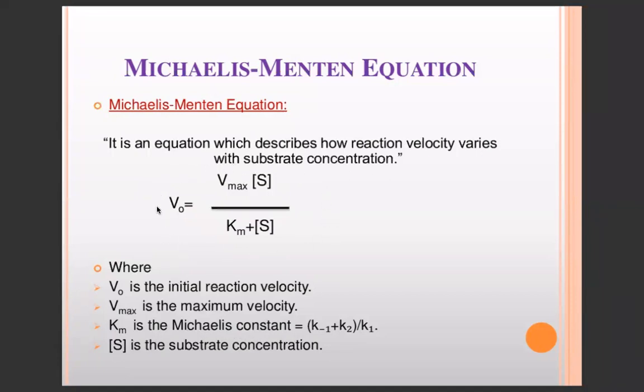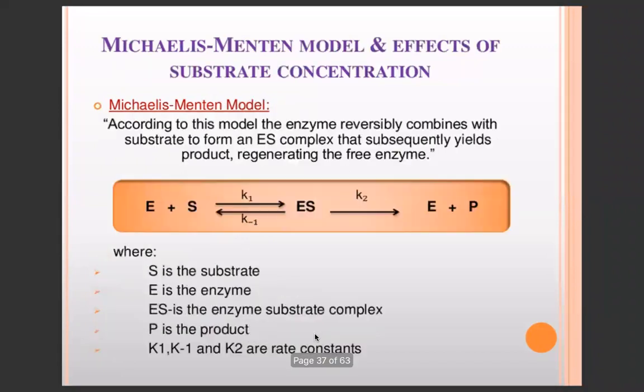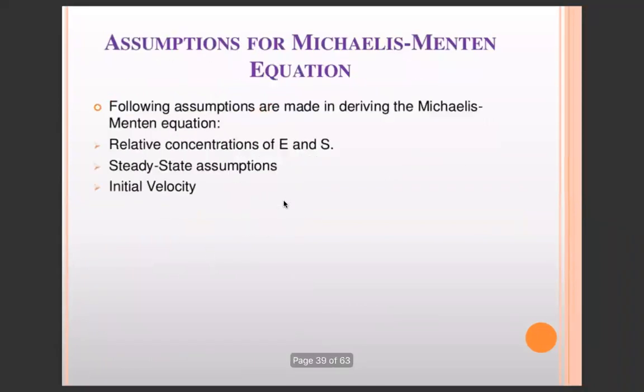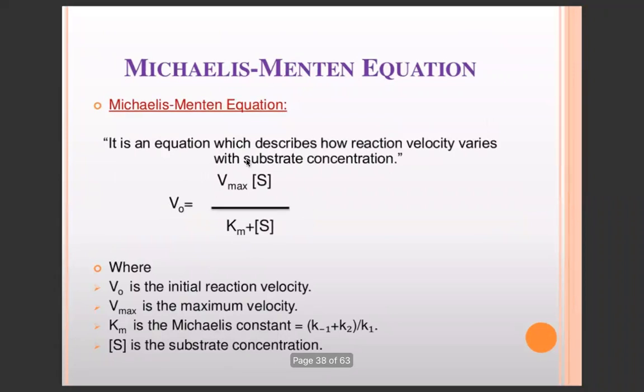Just remember the Michaelis equation like this: V naught, the initial velocity of the reaction, is equal to V max, the maximum velocity, divided by Km, the Michaelis constant, which is derived from K1, K2, and K minus 1. Please remember this one, and it is enough for you. You don't need to go into detail.